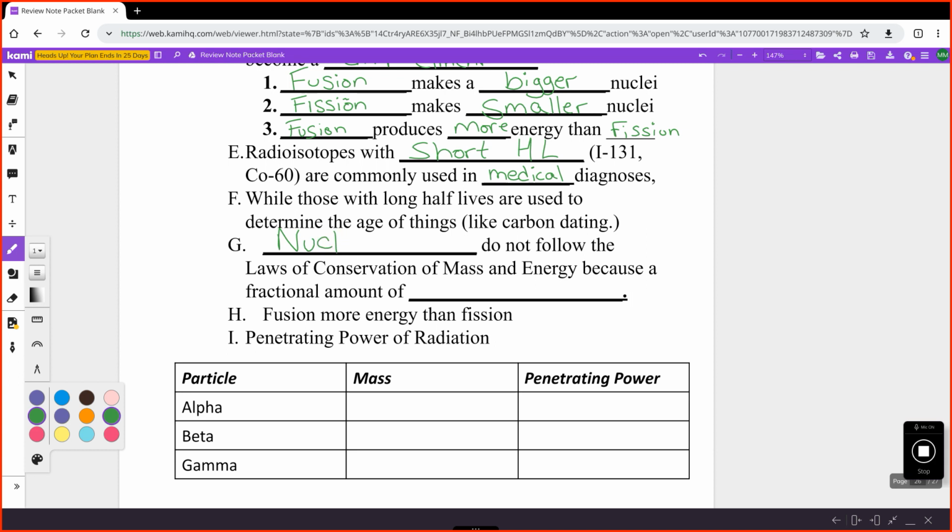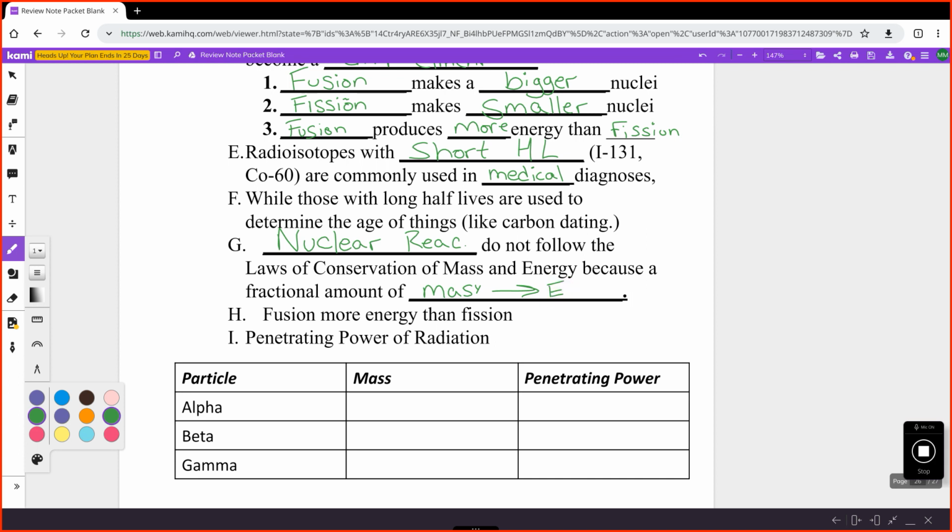Nuclear reactions do not follow the law of conservation of mass. They do not follow the law of conservation of energy because they're taking a small amount of mass that exists and turning the mass into energy.